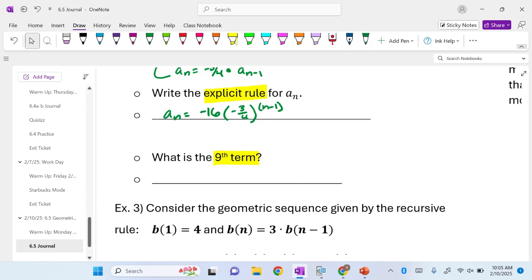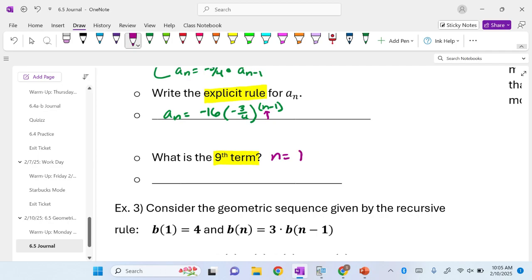So if we're finding the 9th term, that means n in this case is going to be equal to what? What's n equal to? So we need to plug in something for n here. What is that n equal to if we're finding the 9th term? 9.